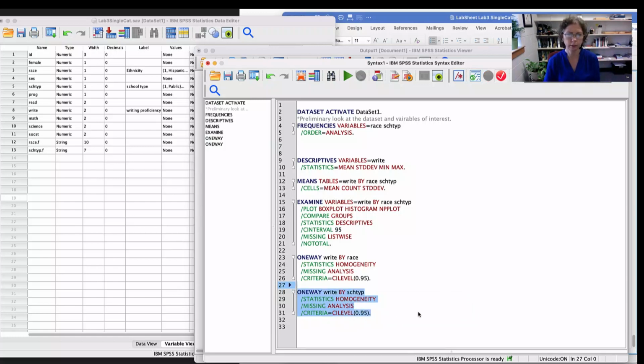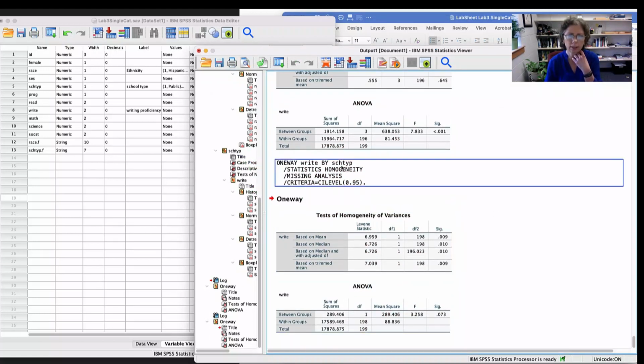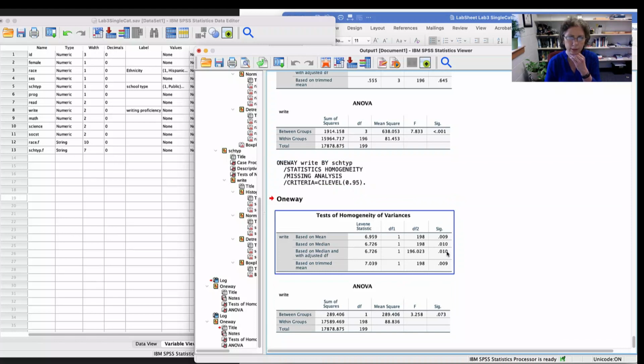And then rerun your one-way ANOVA for the test of homogeneity by school type. And here it is violated. It's less than 0.05. We're pretty much just looking at the top one. The median and the median with adjusted degrees of freedom are the alternative you use when the distribution is not normal.